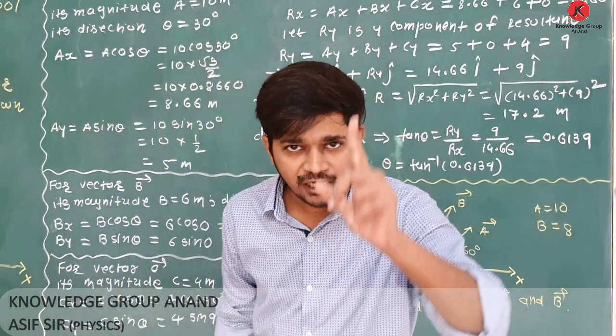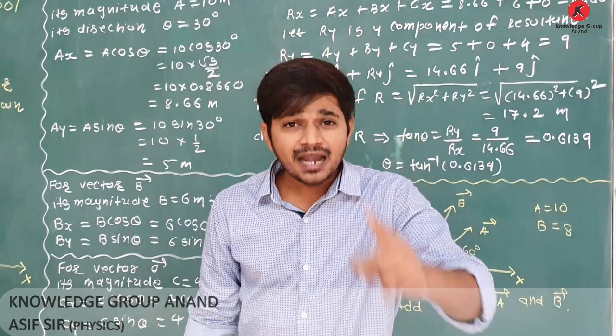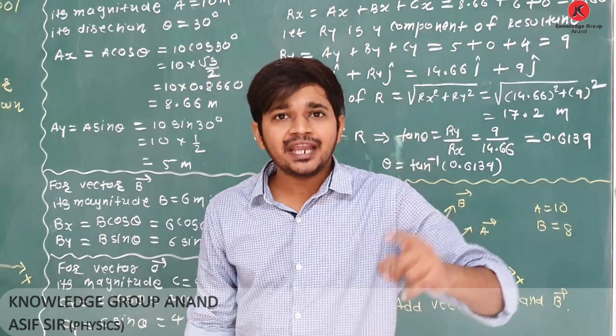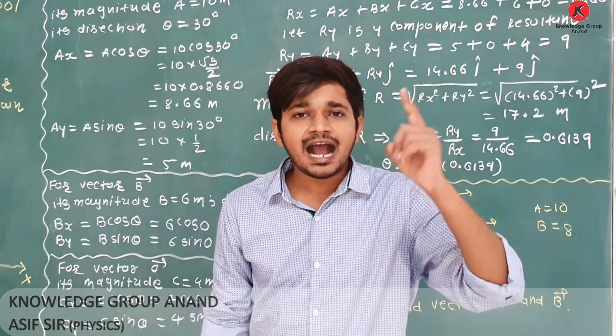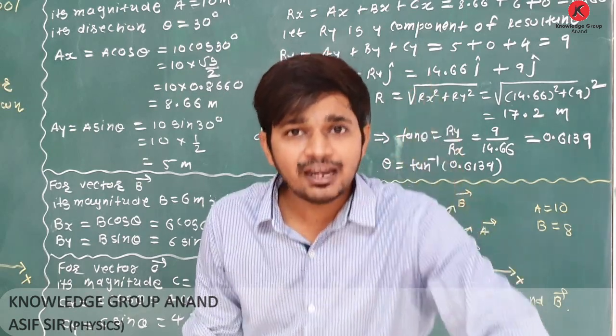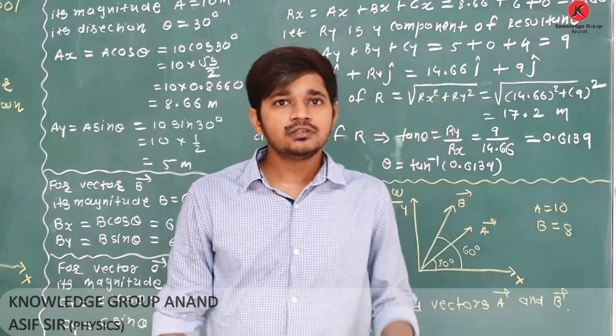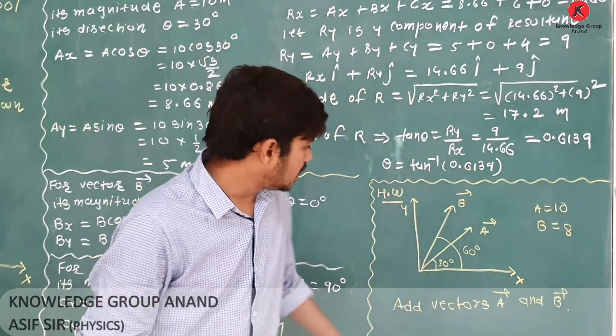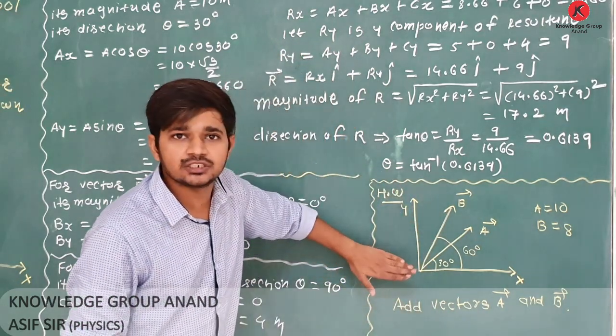First of all, identify the number of vectors, their magnitude and direction. Find their components, find Rx and Ry, then write the resultant vector, then find its magnitude and direction. Clear about this? So you have to solve this question.